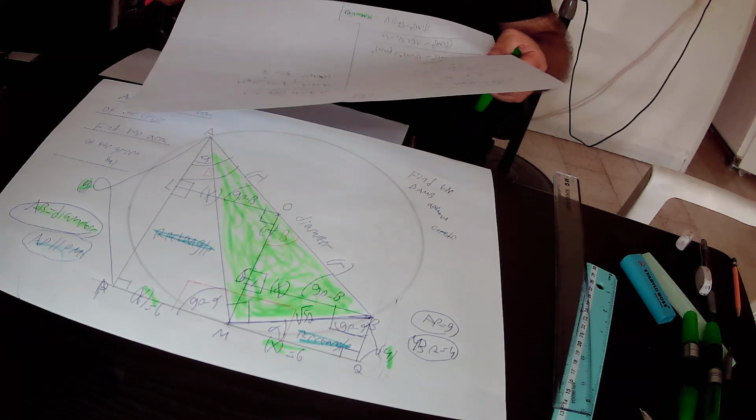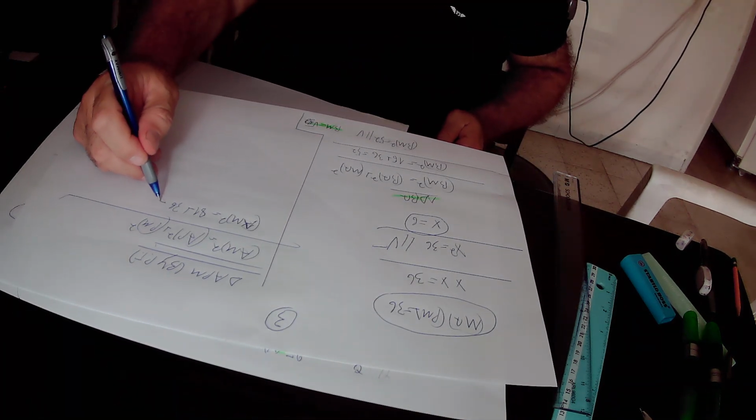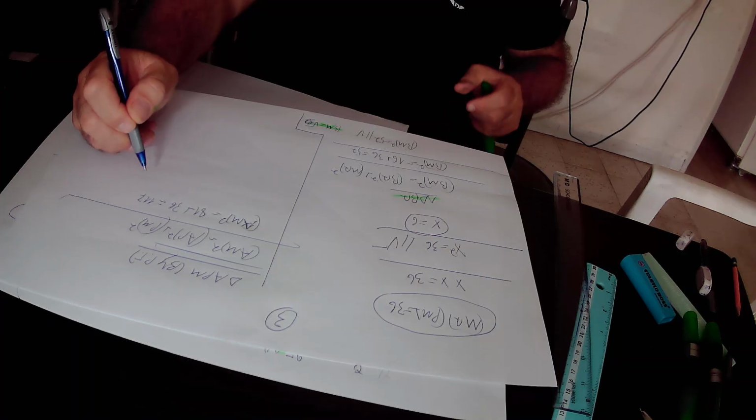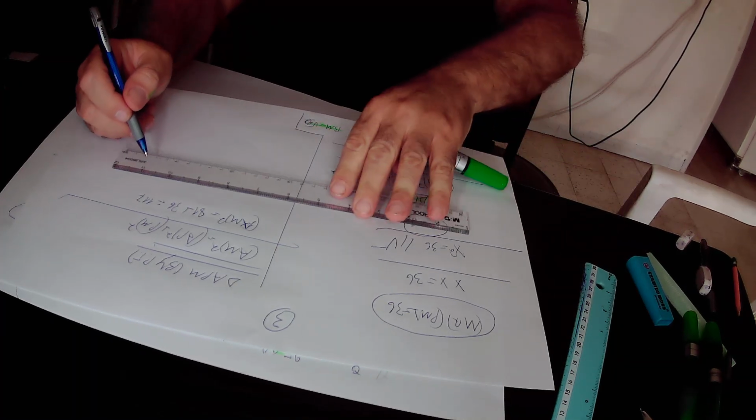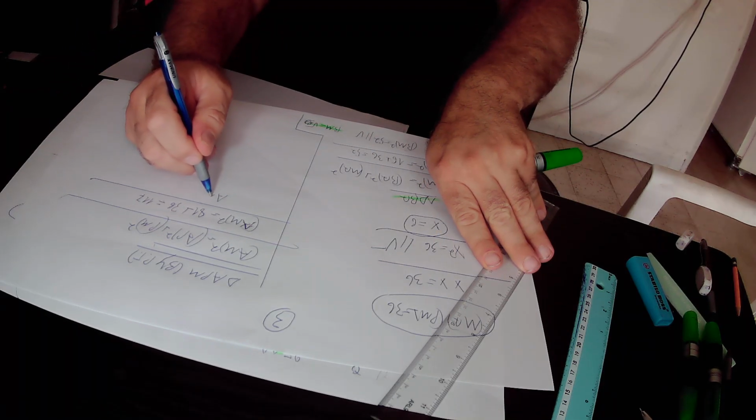So in total, we found out that AM squared equals 81 plus 36. 81 plus 36 is 117. In total, we found out that AM squared equals 117.